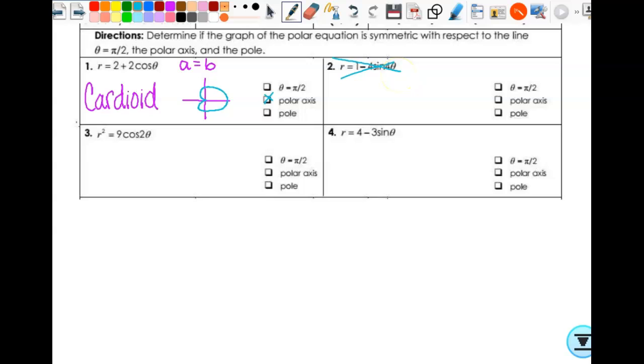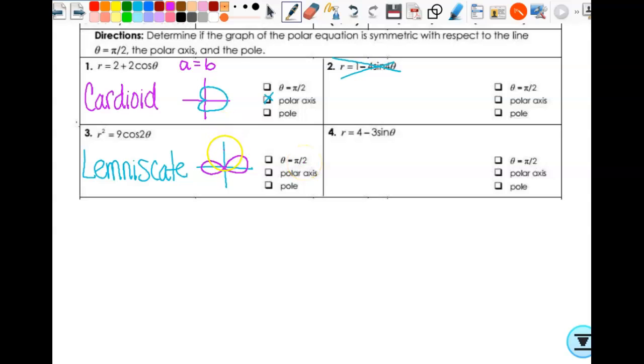Lemniscate. Okay. And this is cosine, so it would look like this, kind of like infinity. If it was drawn accurately, would it be symmetric to theta equals pi halves?